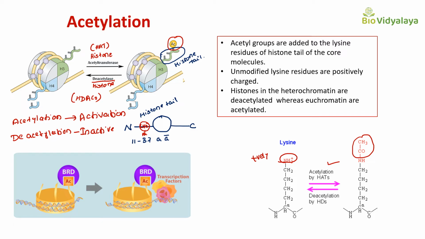Okay. After acetylation, what will happen? Bromodomain containing proteins will come. This is bromodomain containing protein. Bromodomain containing proteins recognize histone modification and bind with acetylated lysine in the histone tail, and that can change the chromatin to active state.